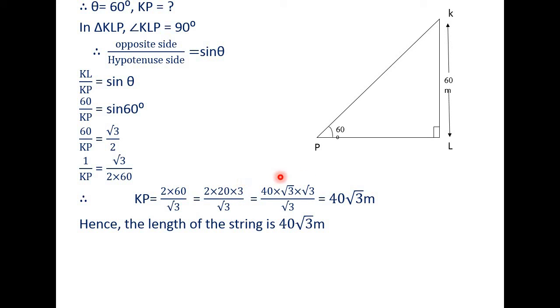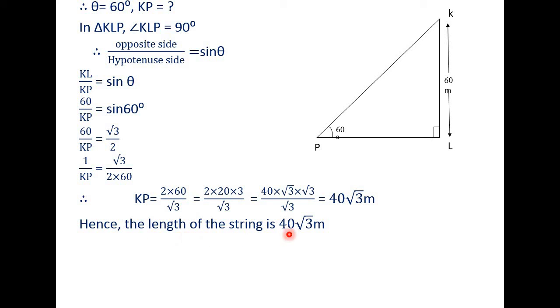This 3 can be written as root 3 into root 3, and we can cancel root 3 in both numerator and denominator, which is equal to 40 root 3 meters.